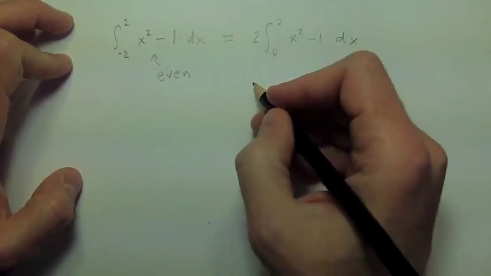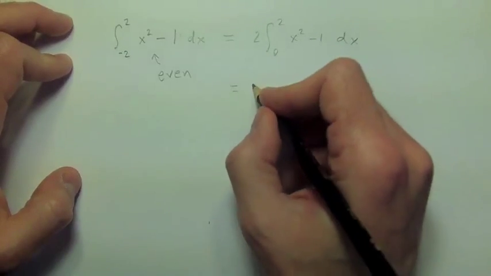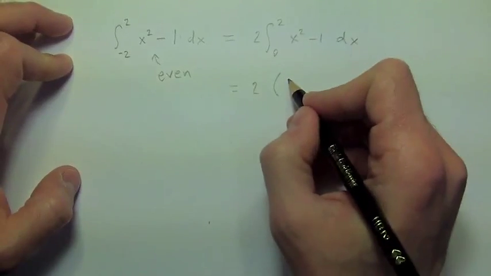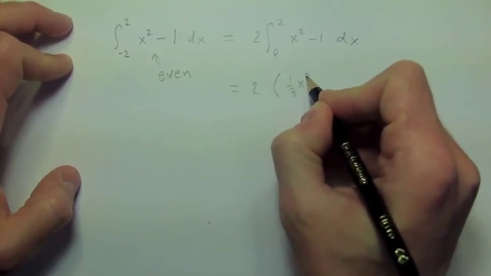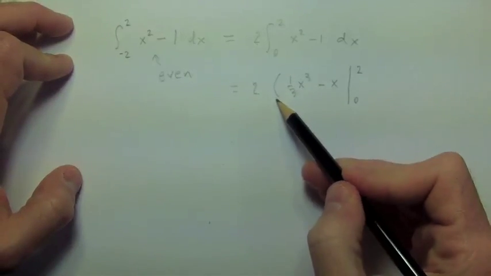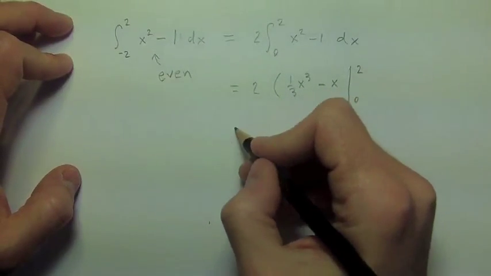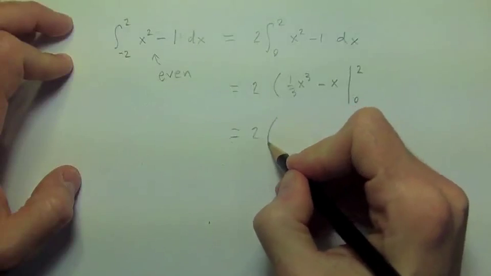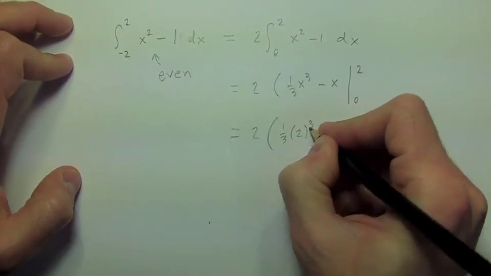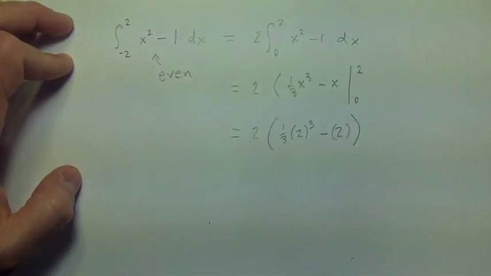Okay. And so what happens here is this actually simplifies the problem a lot, because this is 2 now times the integral, which will be, of course, 1/3 x cubed minus x. And you see how I made the parentheses and the bar? That's our grouping symbol. Okay, and then all I've got to do here is plug in 2, because this will be 1/3 times 2 cubed minus 2. All right.